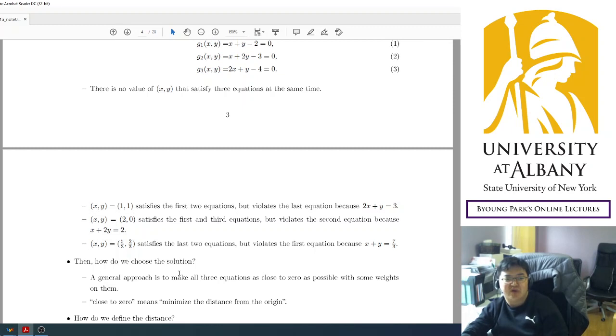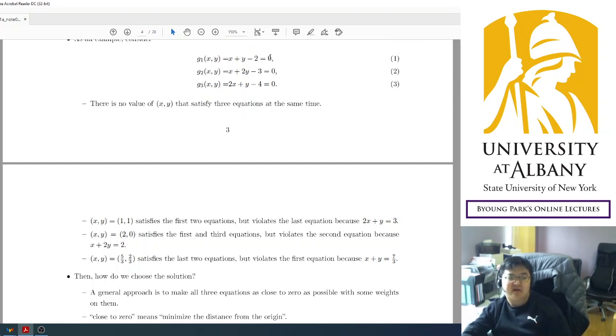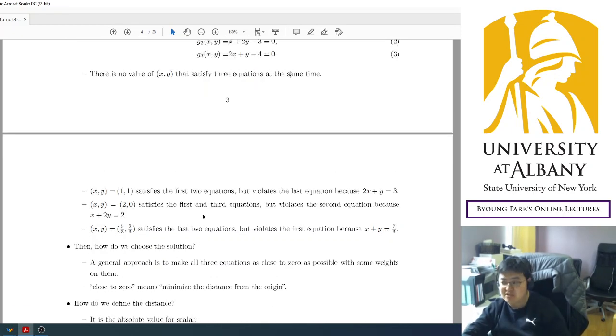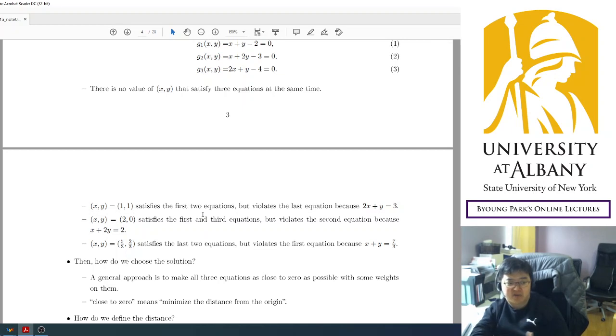For example, ideally, if you can make them 0.1, 0.1, 0.1, then all the equations are reasonably satisfied with a small difference of 0.1. That solution could be better than any of these three solutions. This is our approach, and it is the underlying approach beneath the GMM estimator.